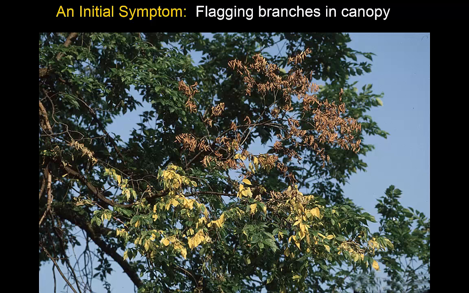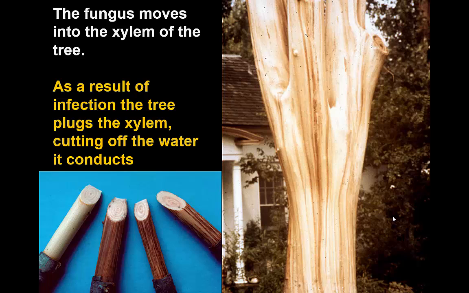So the symptoms you're going to see are usually going to be high in the crown where the twig feeding occurs, and the fungus as it moves in will cause the plant to die back progressively, producing conspicuous flagging. Now again, the fungus moves into the xylem of the tree, and the result of this infection is a compromising of the xylem.